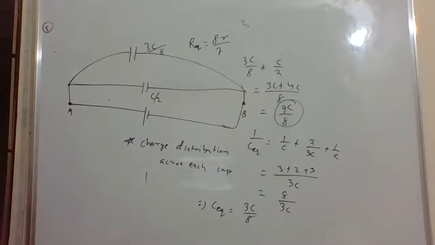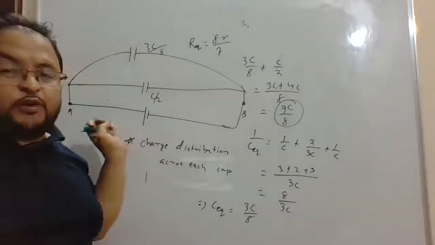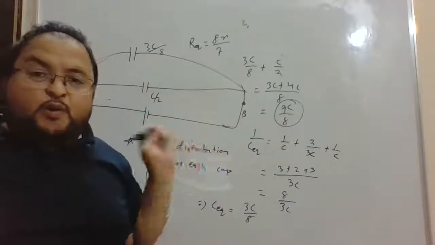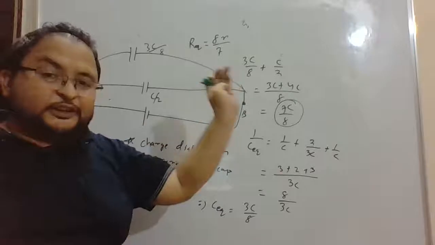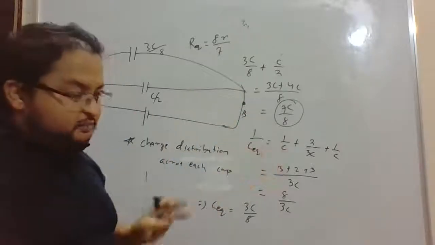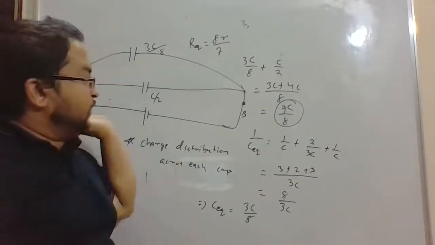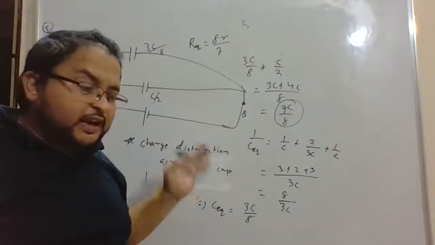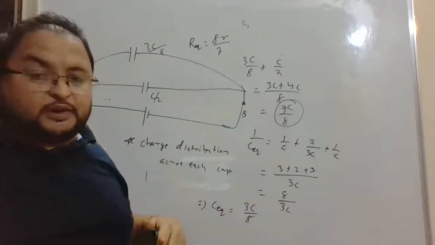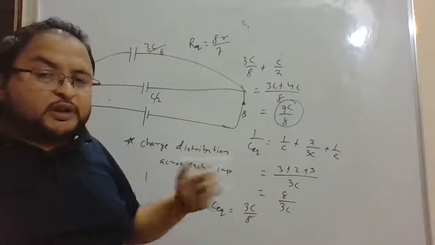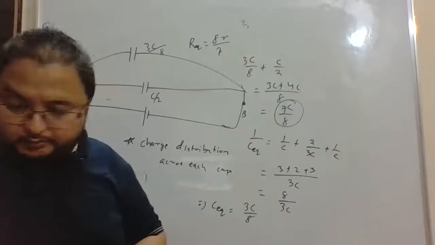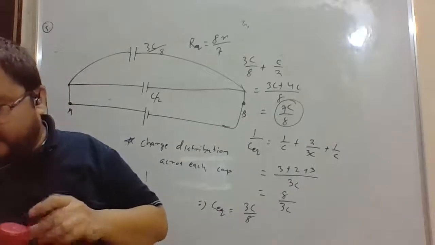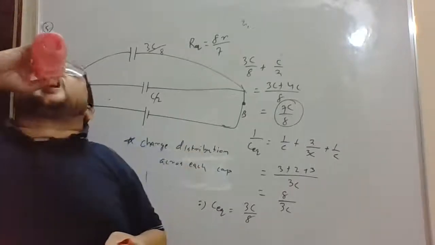So that's why I say, if anytime you feel that you are getting confused in the charge distribution, and you are more comfortable with the current distribution of resistors, I recommend from an entrance exam perspective, solve it for resistors, find out whatever is the R equivalent, and just take a reciprocal of it. So 1 by whatever you have got will be the C equivalent. Fair enough. If there is no confusion, let us move into a different one.